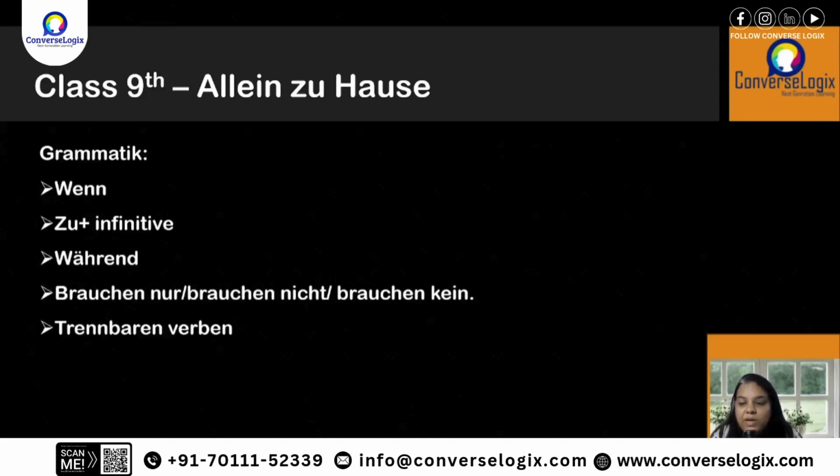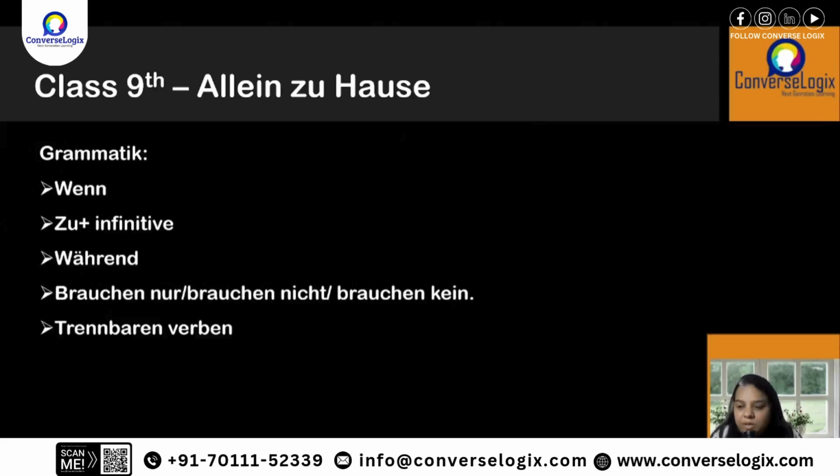For example, we are going to do wenn, which is one of the connectors. Then we will also learn how to use zu plus infinitive. For example, ich lerne Deutsch, um nach Deutschland zu fliegen. Oder ich lerne Deutsch, um in Deutschland zu studieren. We'll learn während.